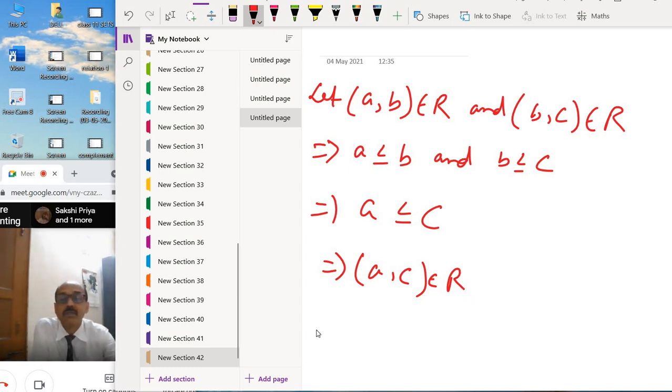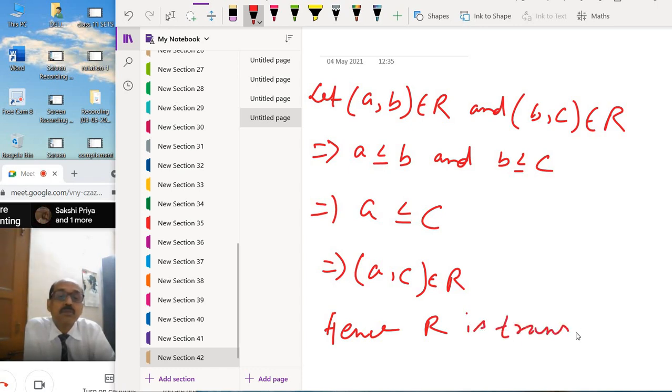R is reflexive, transitive but not symmetric.